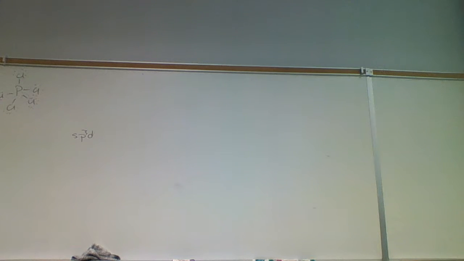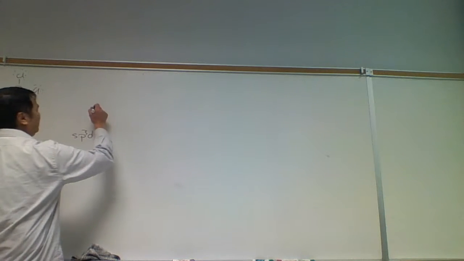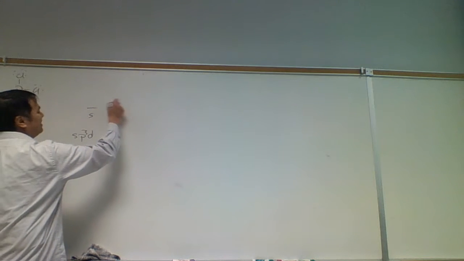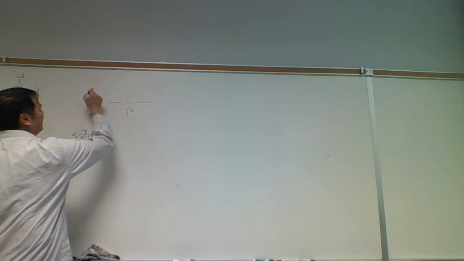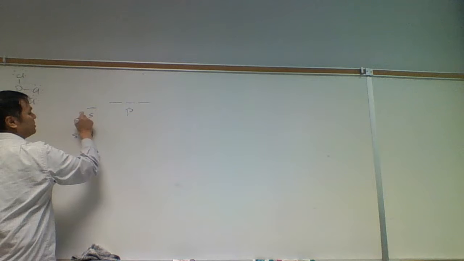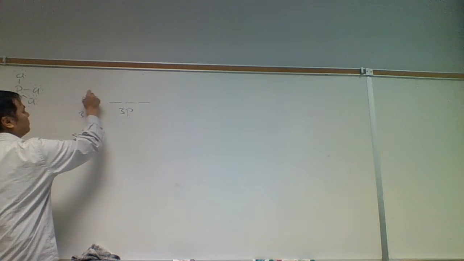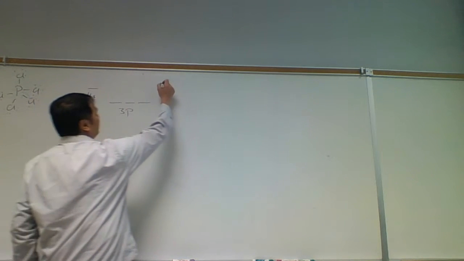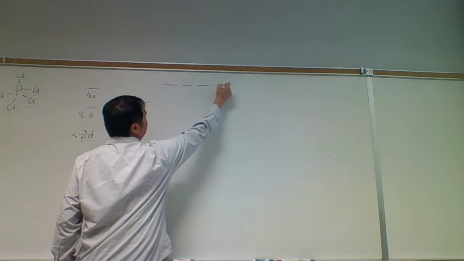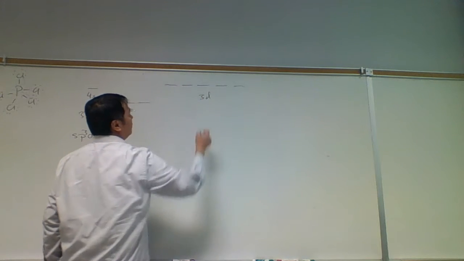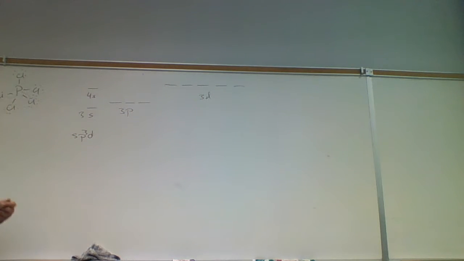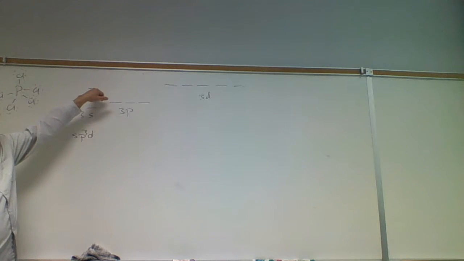All right, sp3d is taking one of the S's and all 3 P's. So if we're looking at phosphorus, it's 3s, 3 p's. The next orbital is 4s here, and then we have the 3 d's here. And we would think we would hybridize the 3s, 3p and then 4s.